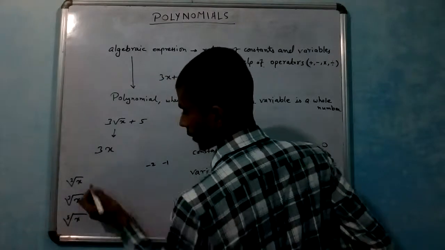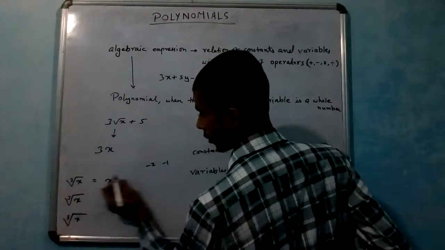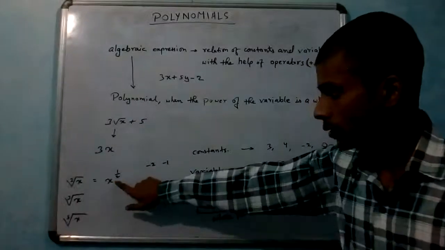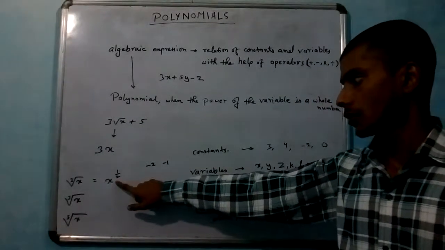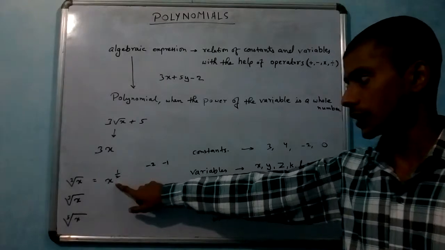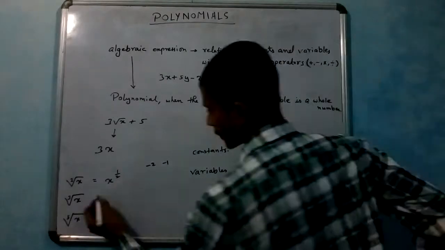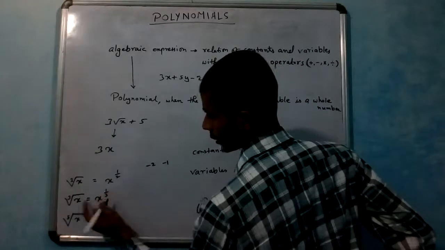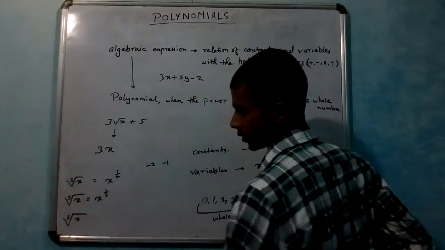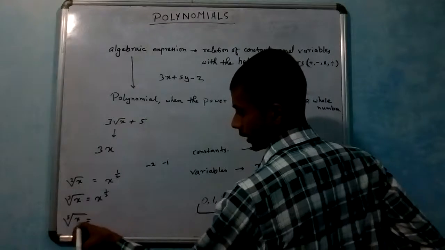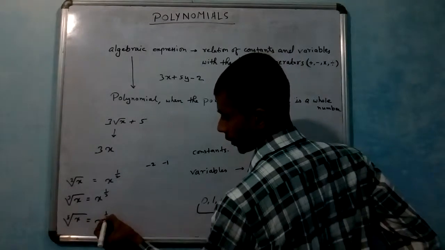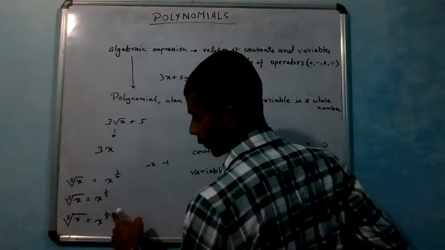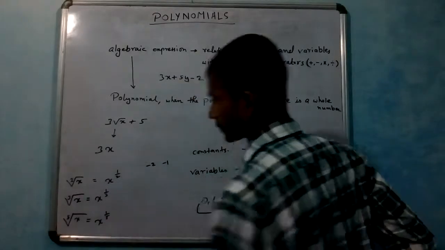We can write square root as x raised to the power 1 by 2, cube root as x raised to the power 1 by 3, and fifth root as x raised to the power 1 by 5. So what are these powers? Are these whole numbers?